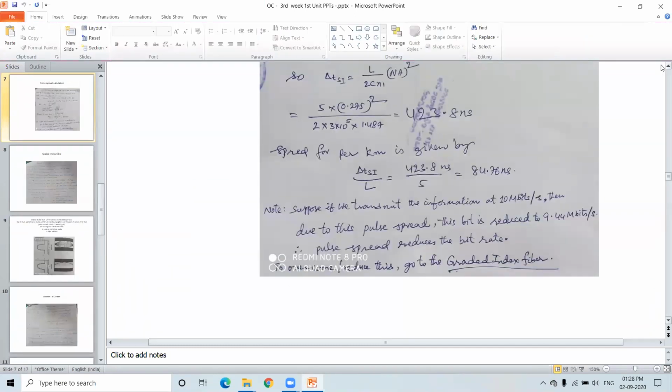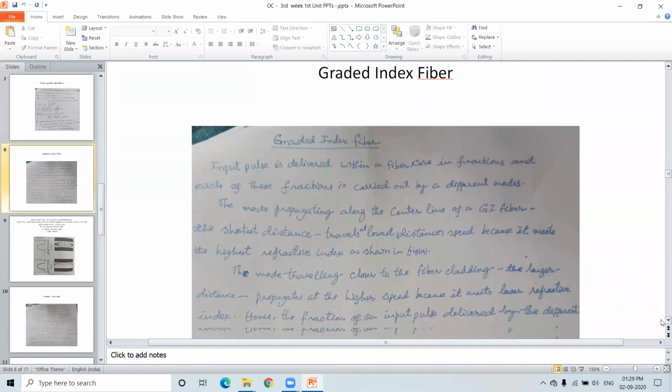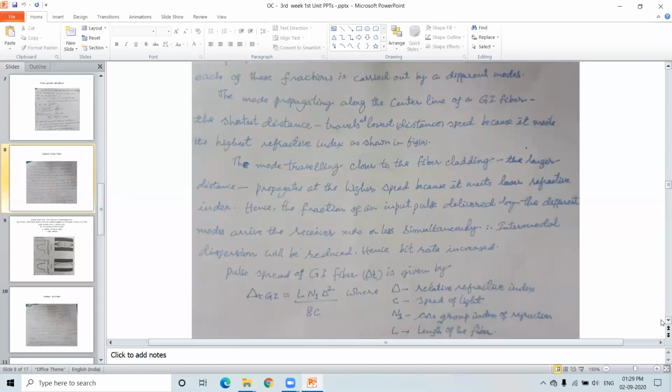So now here, let us see some points mentioned. Please see, the mode traveling closer to the fiber cladding, which means the higher possible mode, travels the longer distance and propagates at the higher speed because it meets the lower refractive index.